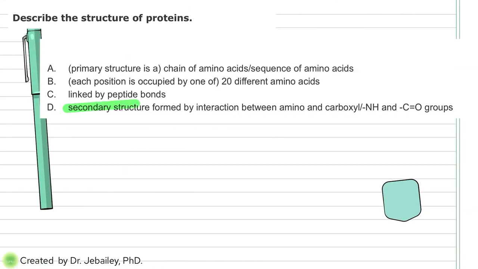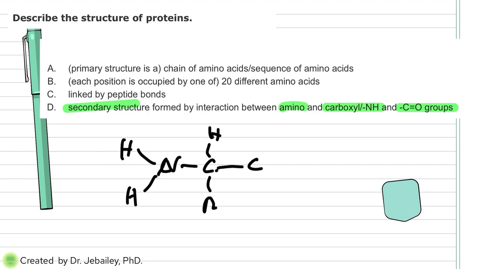For the secondary structures, you have the amino and the carboxyl groups, which is basically the end of one amino acid to the other. So, for example, here we have a hydrogen bound to a nitrogen, a carbon bound to a hydrogen, plus an R group bound to it, and the OH.